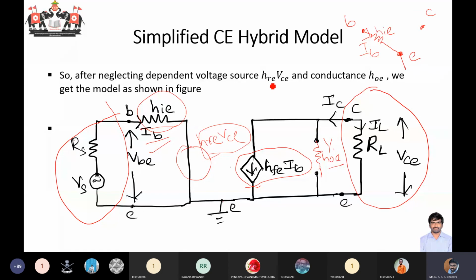For the transistor, you have only hfe into IB, which is a dependent current source, right? So this is your dependent current source, hfe into IB. And what's the current through this, from C to E? IC, right? So this is the approximate model or the generalized model.